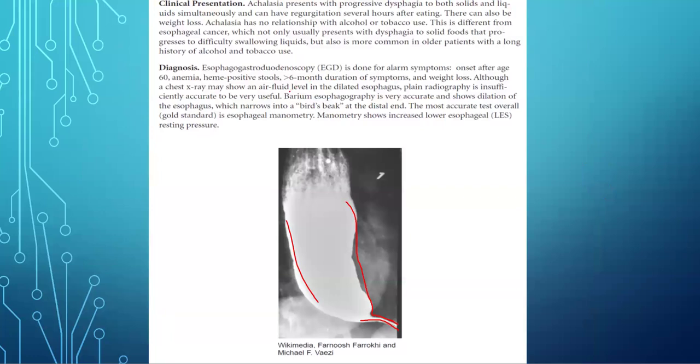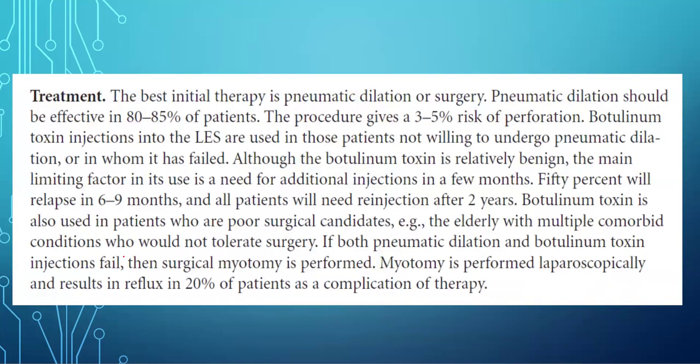So you can see in here, if you do a barium swallow, it shows this bird's beak appearance like this. This is from Kaplan Step 2 CK. Kaplan says that initial treatment is pneumatic dilation and then surgery.